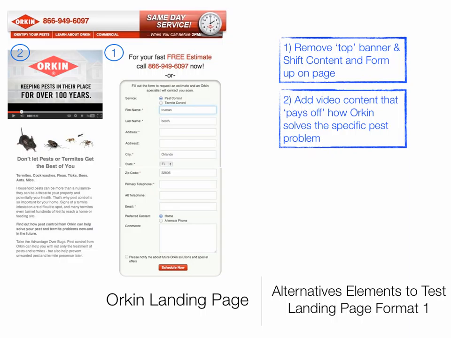The video content should pay off how Orkin solves the specific problem the customer selected from the home page. So if they selected pest control, the video should pay off the pest control problem. If they selected termite control, it needs to pay off how Orkin does a successful job at getting rid of termites. So these are the things that video should do.